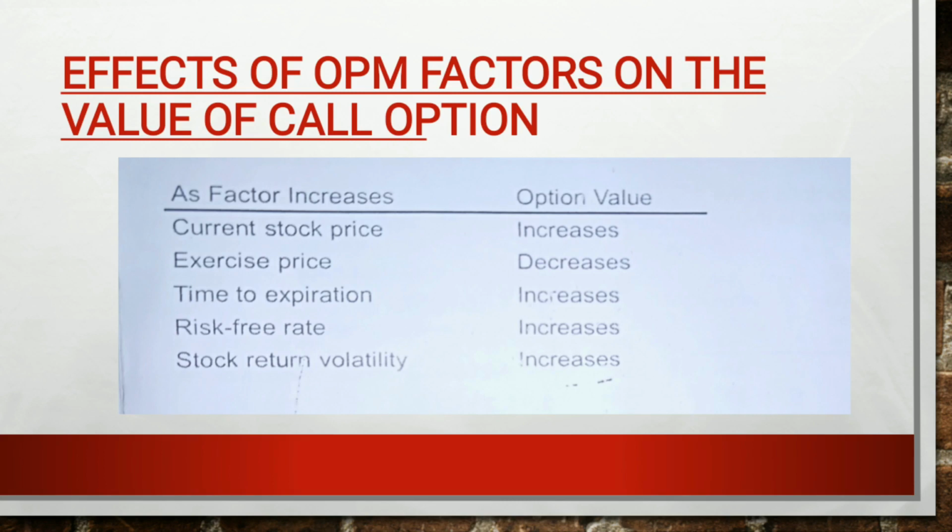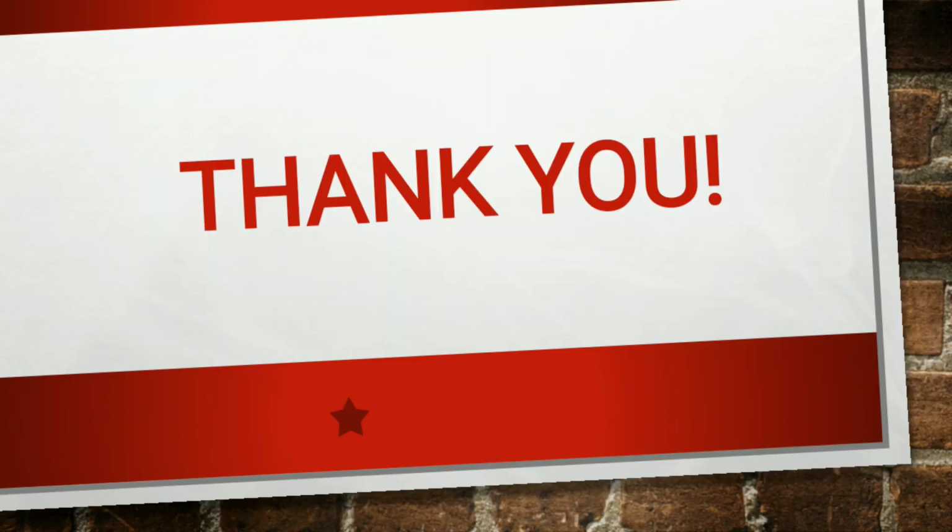As the current stock price, time to expiration, risk-free rate, and stock return volatility increase, the option value also increases. However, on the contrary, as the exercise price increases, the option value decreases. So that's all, and thank you.